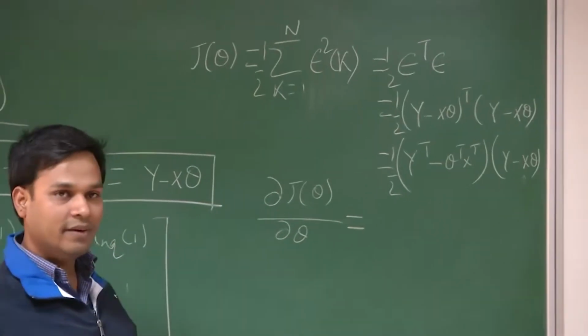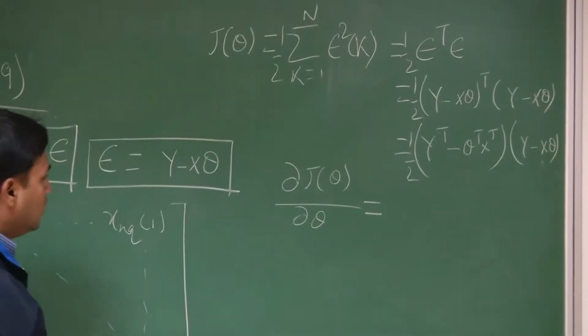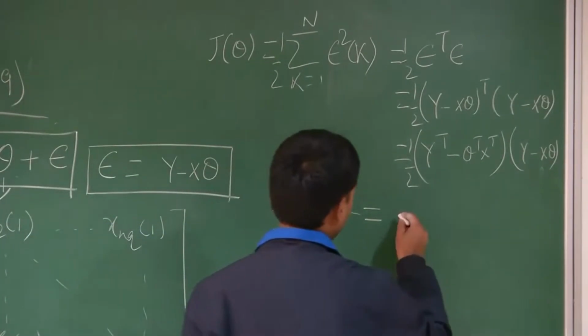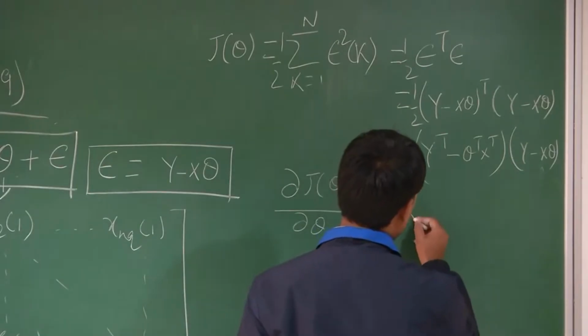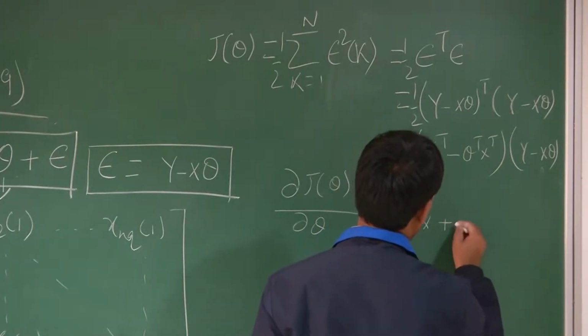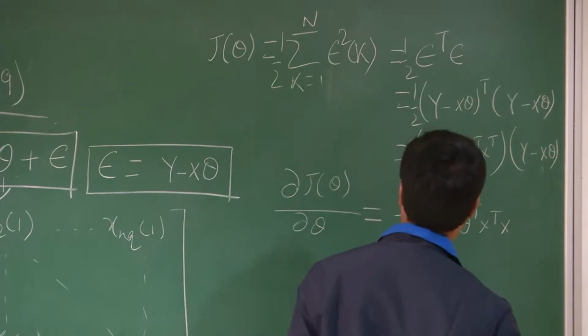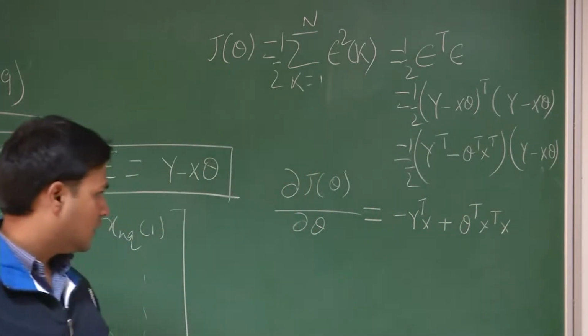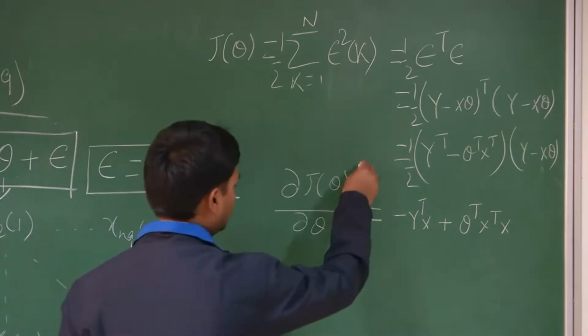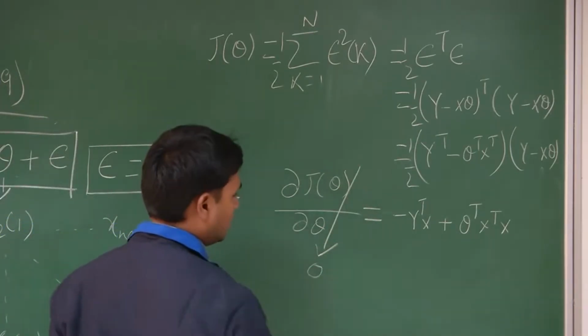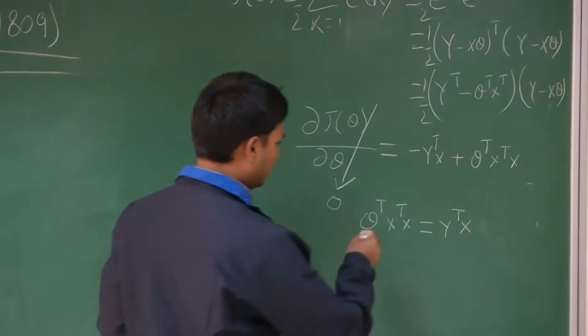Because we want to minimize, we have to take the first derivative. It will give you minus y transpose x plus theta transpose x transpose x. And how do you do the minimization? You equate this with 0, right? Equating with 0, what did you get?